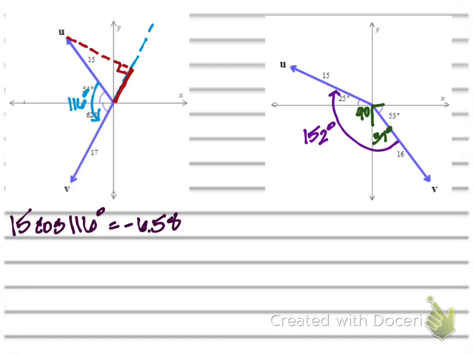So the component of u along v, again to drop our perpendicular, we would have to extend this out. And then we can drop it. And what we're looking for is this piece right here.